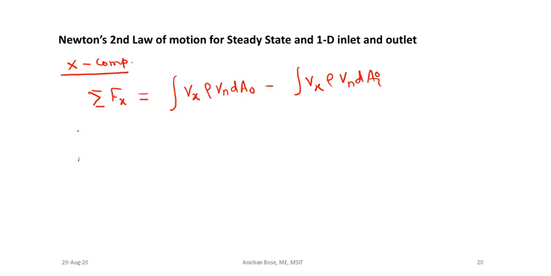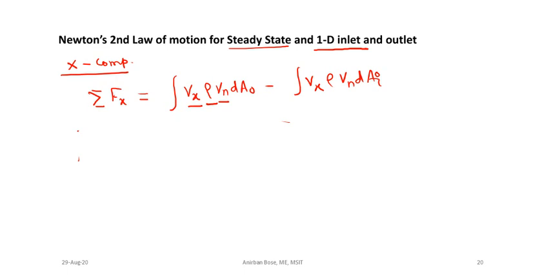Only this portion will be there, and in a similar way the other component equations you can also write, and along with the steady state, another condition is there, that is it is 1D inlet and outlet. If it is 1D, then we can also say that this Vx or this rho or this Vn, these are basically constant across the cross section. Okay, these are constant across the cross section.